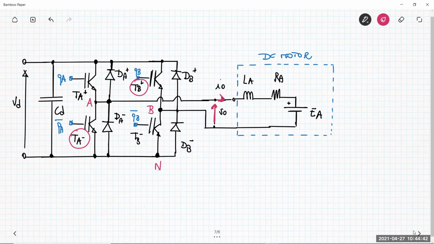And so what are the devices that conduct this positive current? As you can see here, the current is positive, so the current goes in this direction, goes into the diode, goes here. So DA minus conducts, then goes in this direction. And when you get to TB plus, it cannot accept this current, so the current goes to DB plus. So DA minus and DB plus.